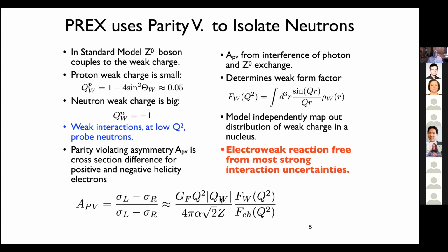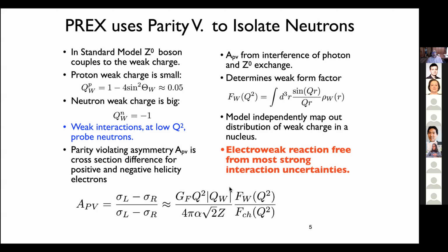Q weak is the total weak charge of lead. And FW is what the experiment measures. That's the weak form factor. So FW is the Fourier transform of the weak charge density, which is essentially the neutron density.